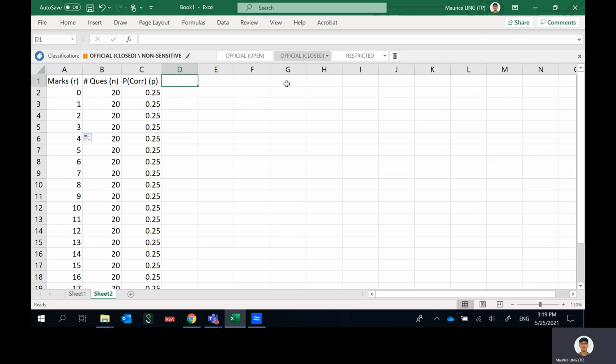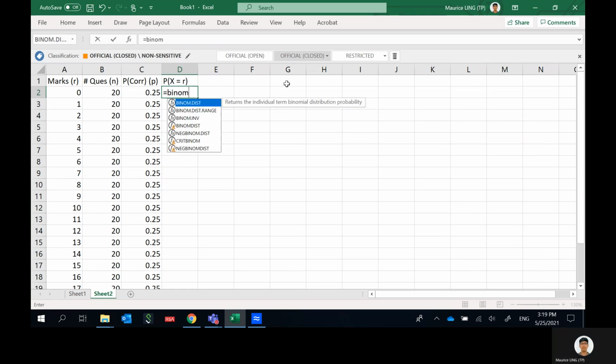Then we want to find out the probability of your x equals to r, correct? So you want to do that for everything. So you can use the same equation, binomial distribution.